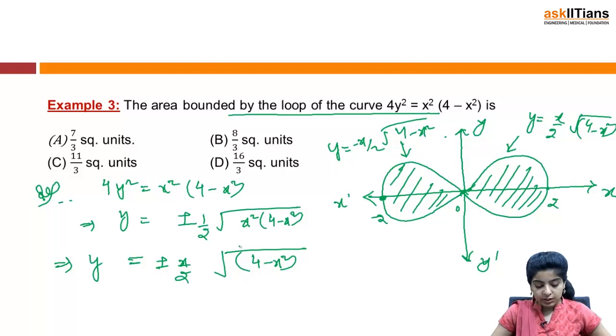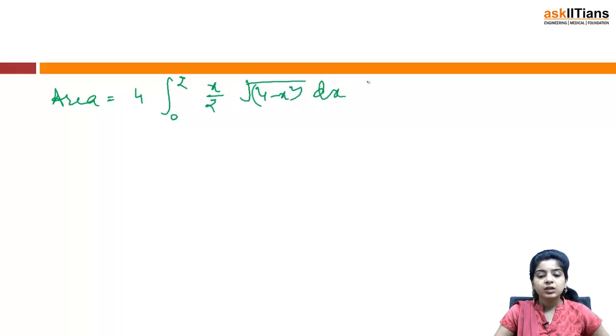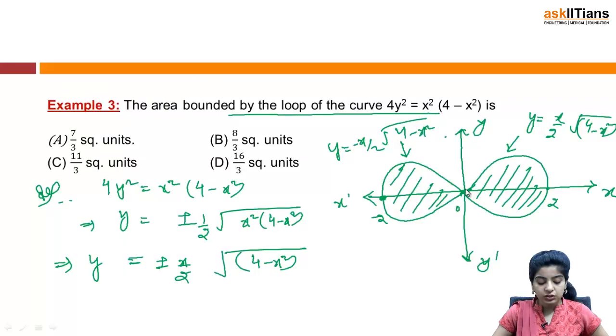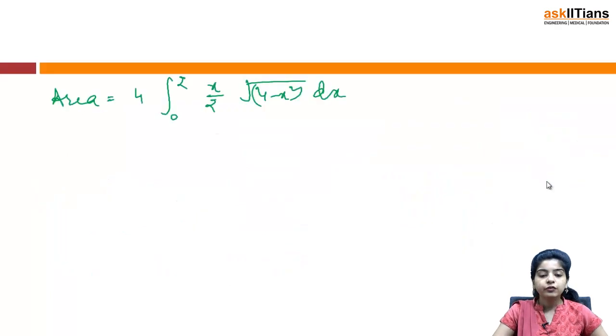So now our area would be equal to 4 times the integral from 0 to 2 of x by 2 under root 4 minus x square dx. You can see that we can just find the area of this portion from 0 to 2, and make it 4 times and we'll get the total area.